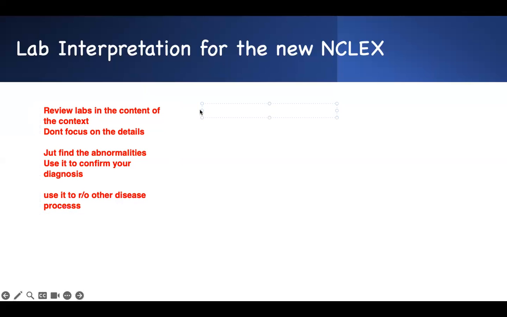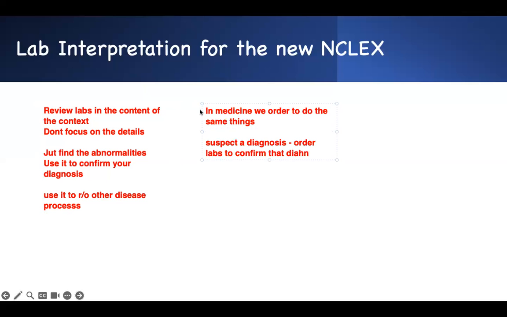The other thing you have to know, in medicine, this is exactly what we do. We order labs to do the same things I've said before: rule out things, pick out the diagnosis, and figure it out. When doctors suspect a diagnosis, they order labs to confirm it.